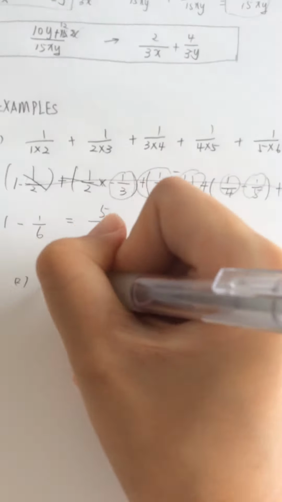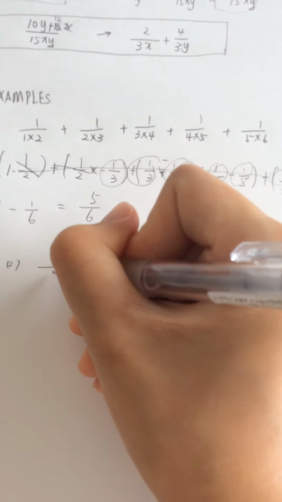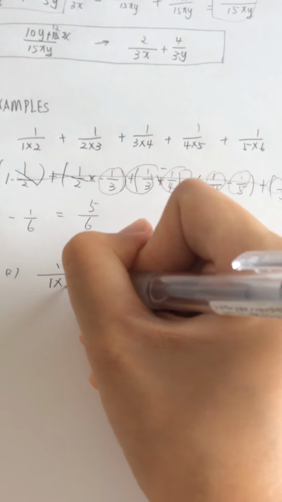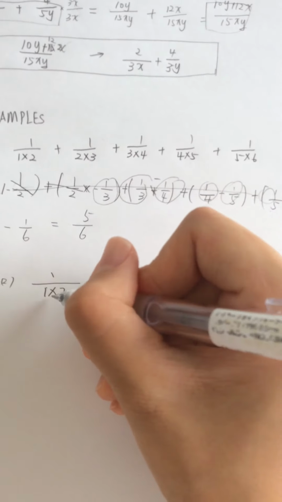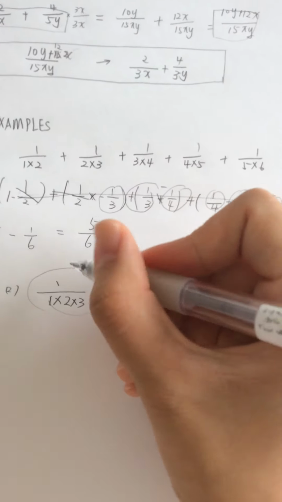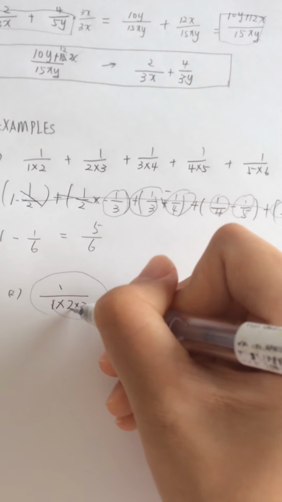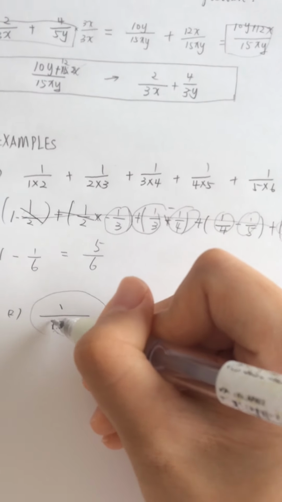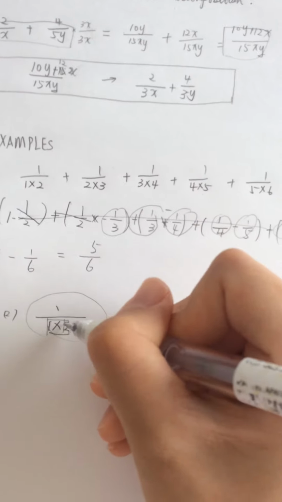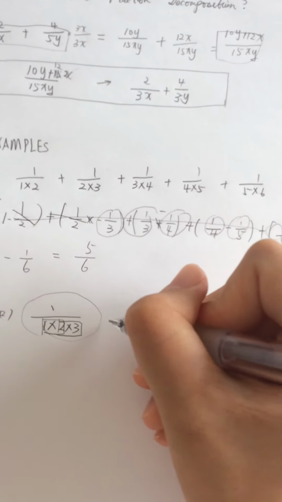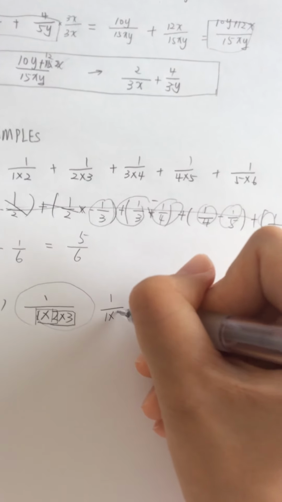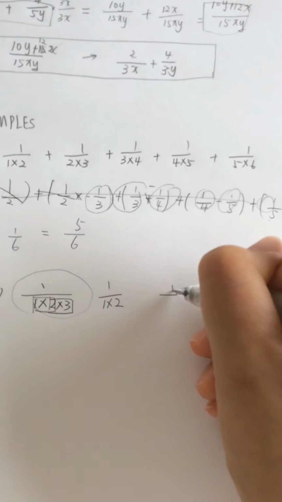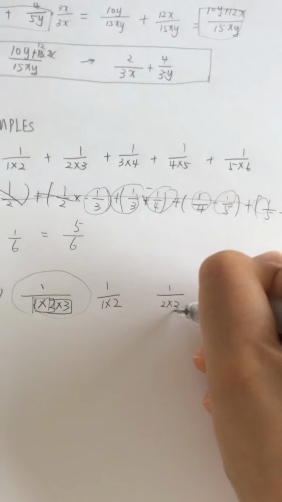So how exactly do we break down 1 over 1 multiplied by 2 multiplied by 3? In this type of question, we usually take the first two factors and the last two factors to make an equation. So the first one is 1 over 1 multiplied by 2 and 1 over 2 multiplied by 3.